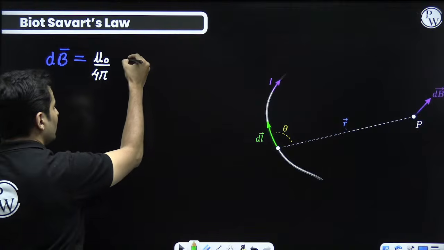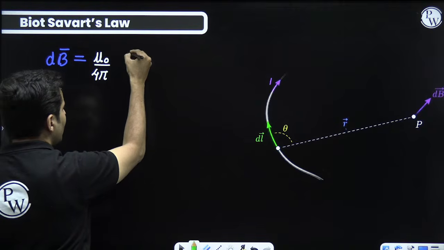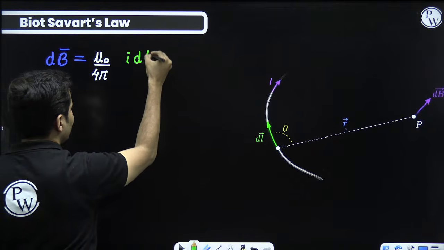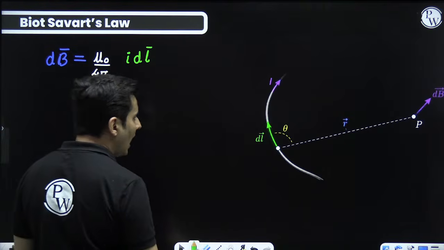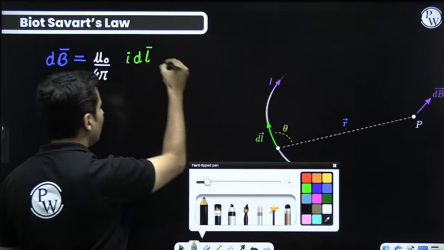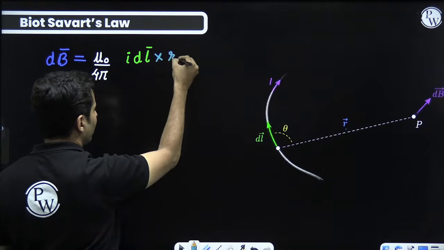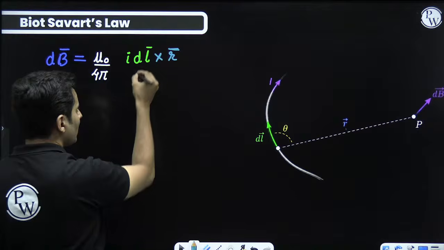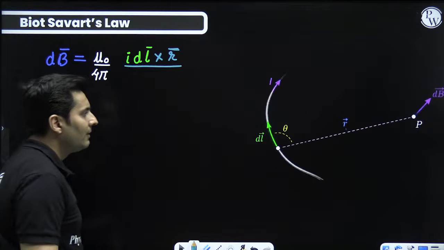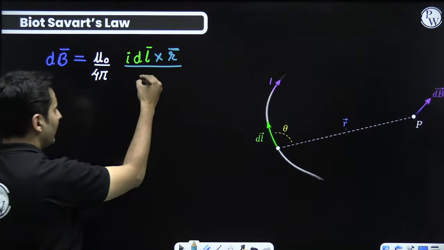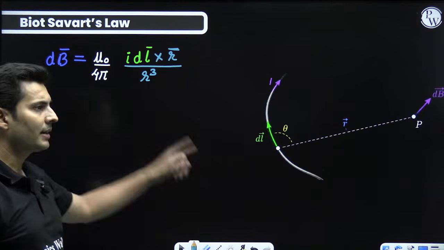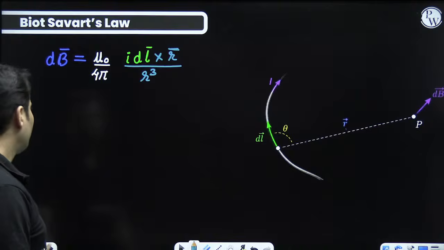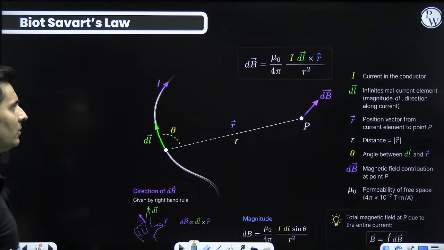Into I dl cross r, cross product with r, the whole thing divided by r cube. That's the formula for your Biot-Savart's law.